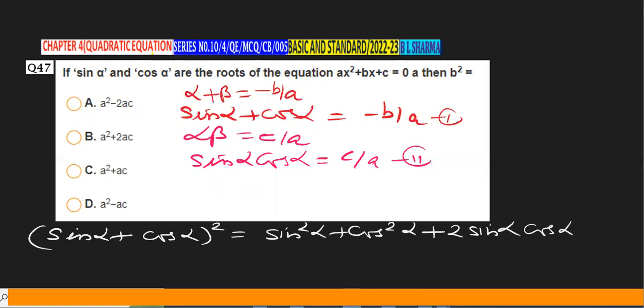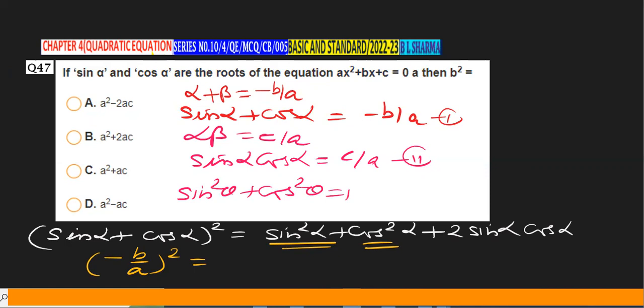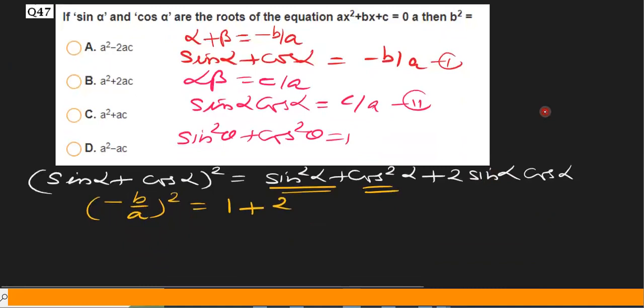In place of sin alpha plus cos alpha we can write minus b upon a whole square. We know that sin square theta plus cos square theta is 1, similarly sin square alpha plus cos square alpha is 1. So 1 plus 2 sin alpha cos alpha, that is C upon A, so we can write 2C upon A.